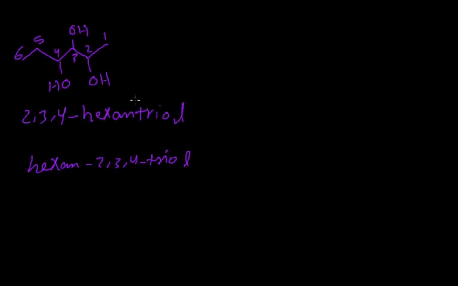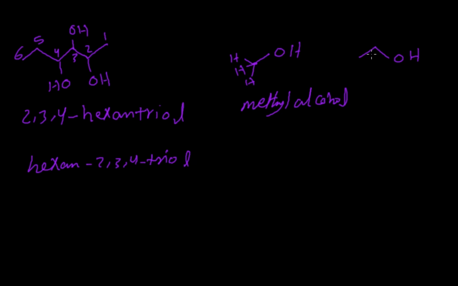These were the IUPAC nomenclature. How about the common names? So we have something like, let's say this. This is methanol. We already know that. This as a common name could be called methyl alcohol. Something like this. 1, 2.